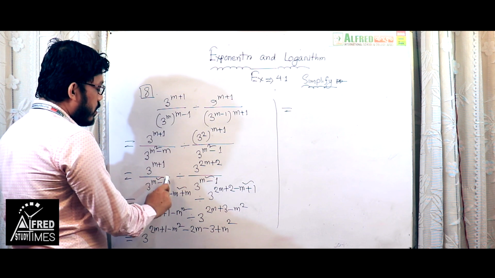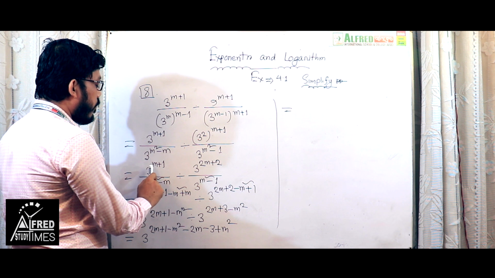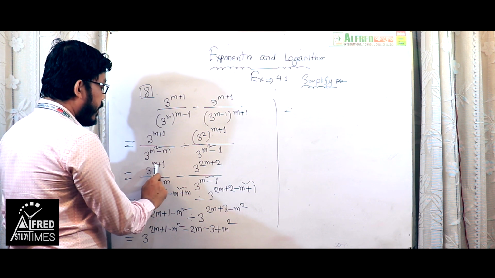But for having division sign, we have to subtract the power of the second base, m square minus m, from the power of the first base, m plus 1.